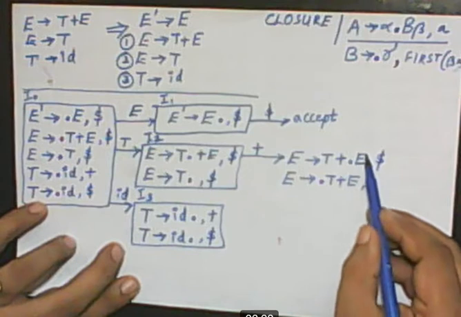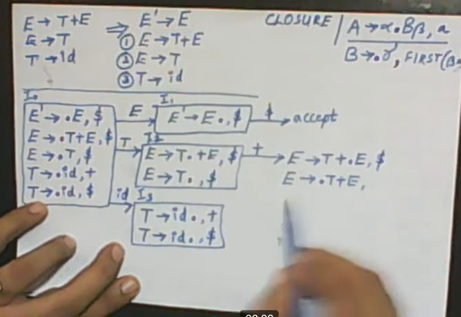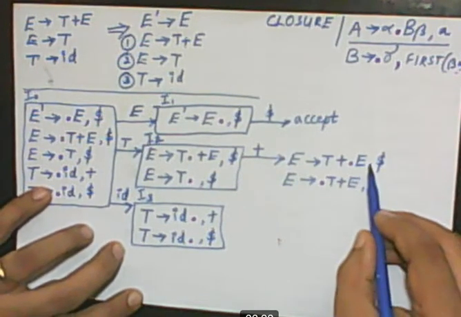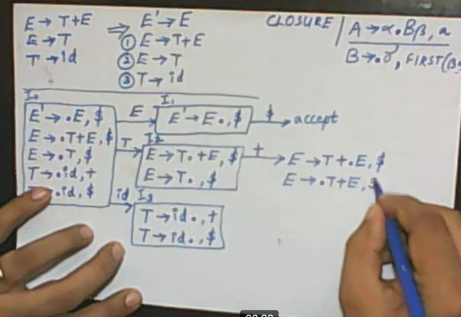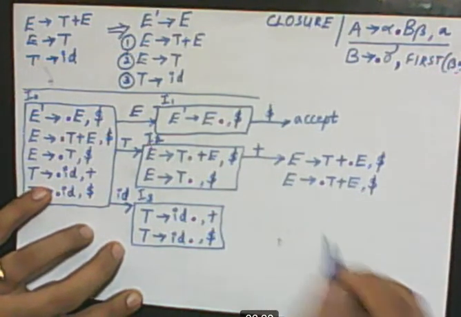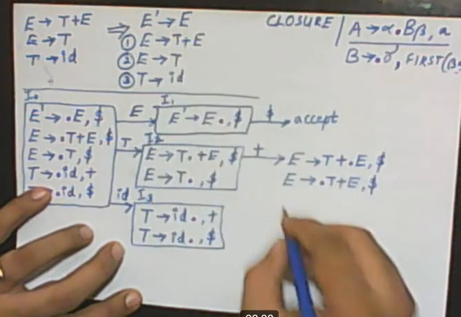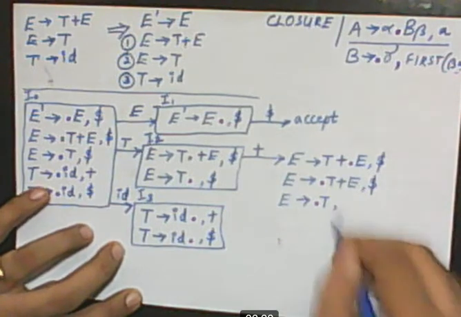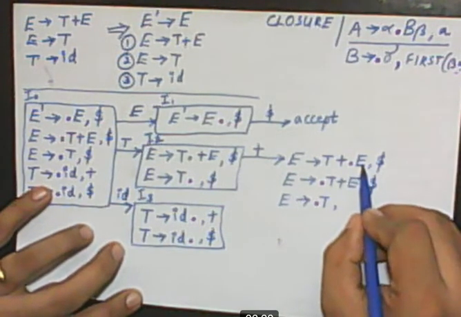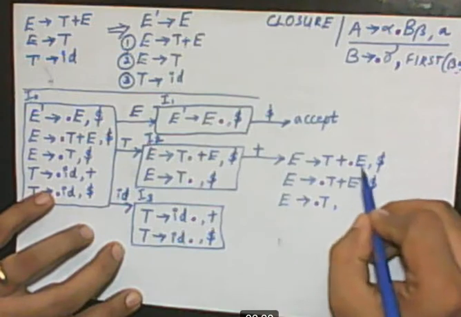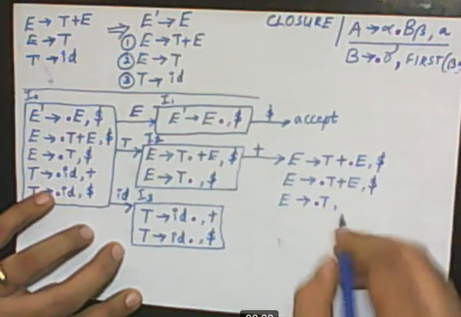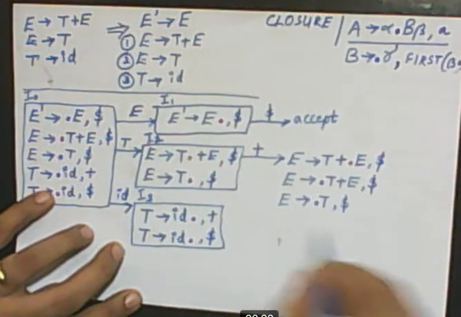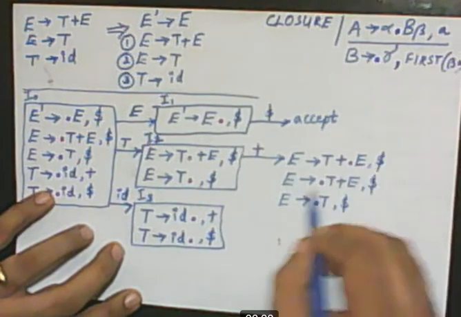Since we are adding this due to this E, whatever comes after this E has to be considered for the look ahead, that is first of epsilon $, that is $. Now the other one, E gives dot T, comma, the look ahead will be again, since you are adding this because of this E, whatever comes after E, that is epsilon $. So first of epsilon $ is $. Okay, so closure of this LR1 item is over.